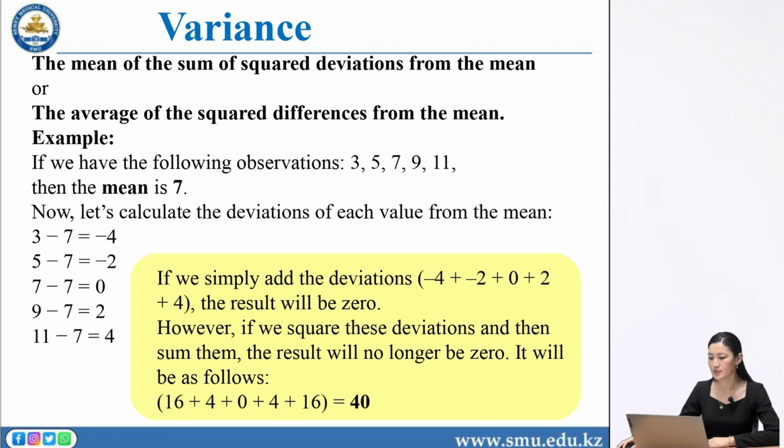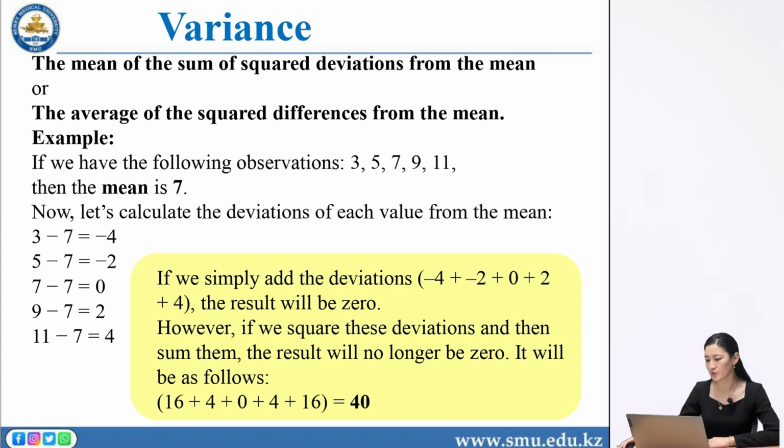Now let's calculate the deviations for each value from the mean. Here are the calculations. 3 minus 7 equals minus 4, and like this we calculate the rest. If we simply add the deviations, the result will be 0.